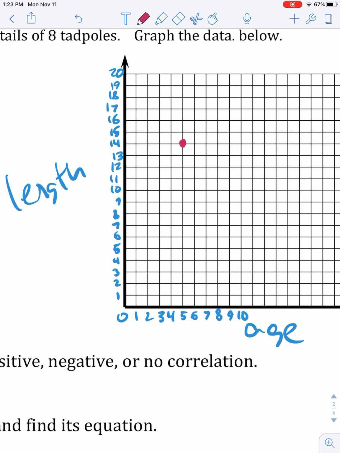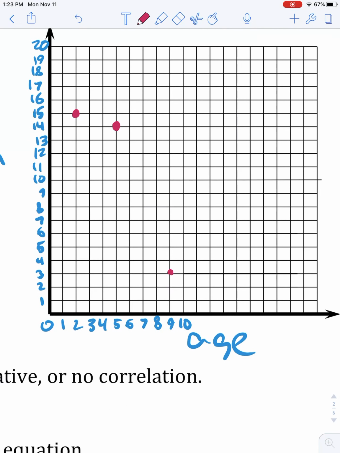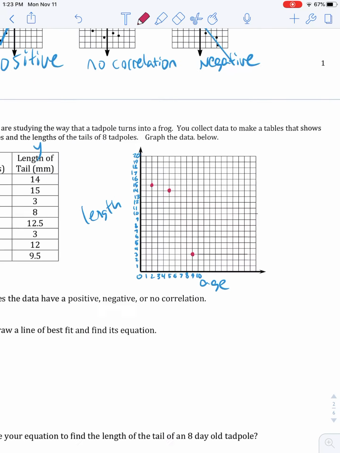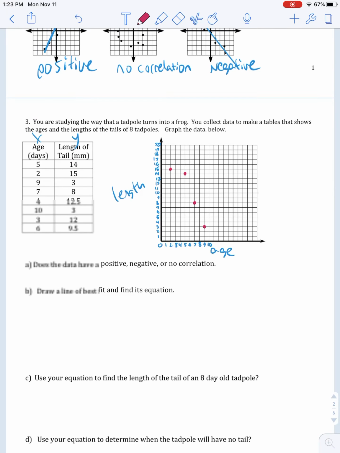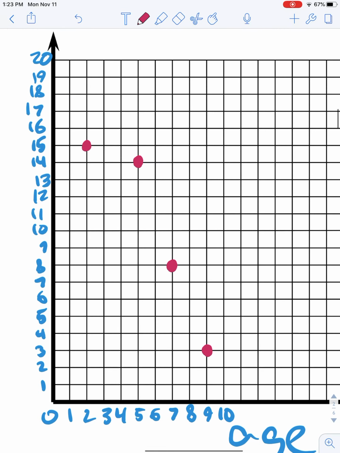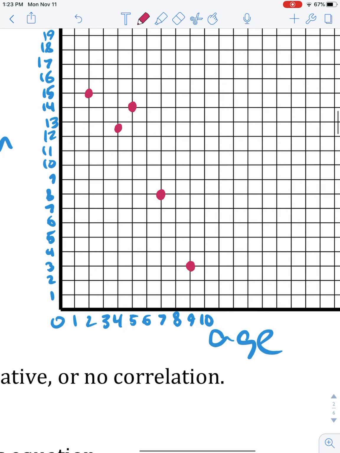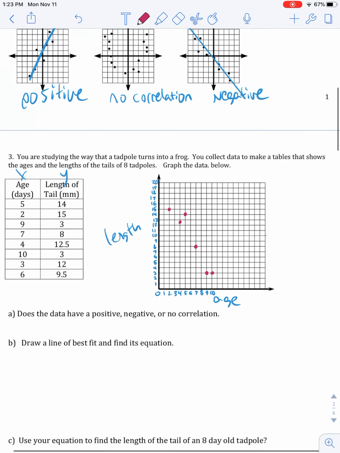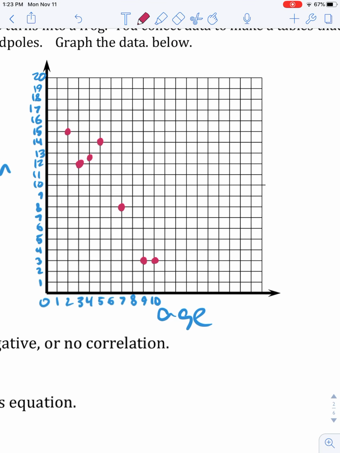So 2 and 15. 9 and 3, way down here. 7 and 8. 4 and 12.5. 12.5 is going to be between 12 and 13. 10 and 3. 3 and 12. 6 and 9.5, which is going to be between 9 and 10.